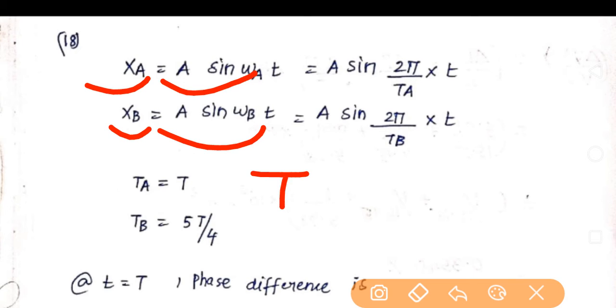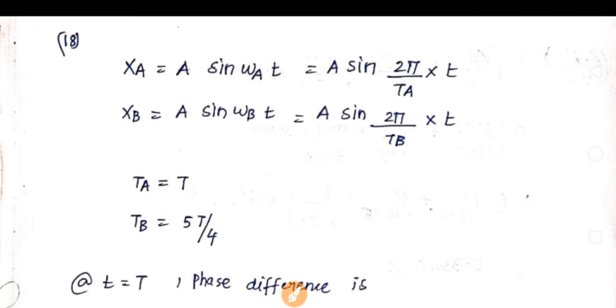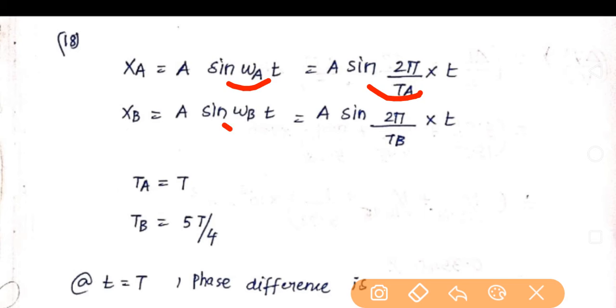We know that T is equal to 2 pi by omega. So omega is 2 pi by capital T. So omega A is equal to 2 pi by TA. Omega B is equal to 2 pi by TB, into the given time.